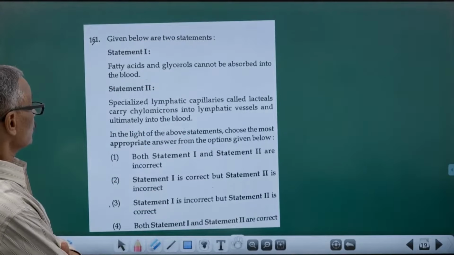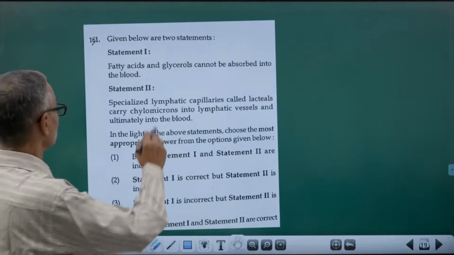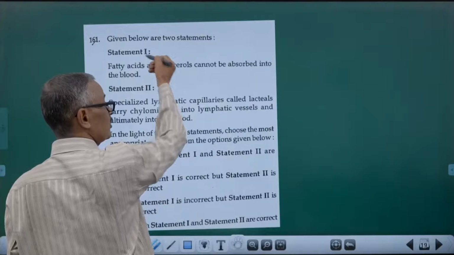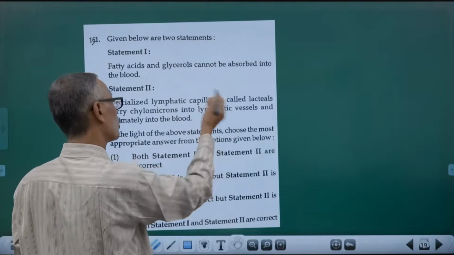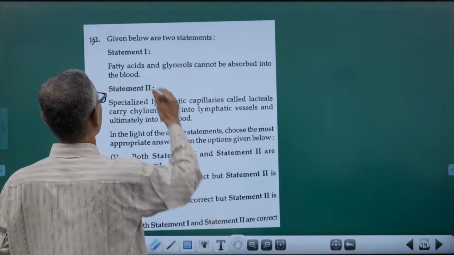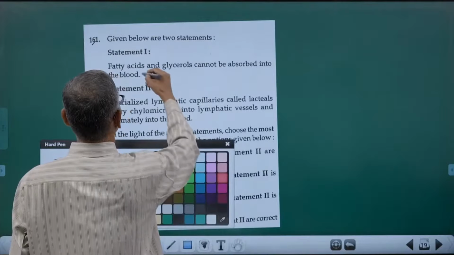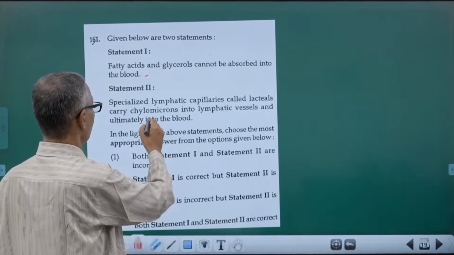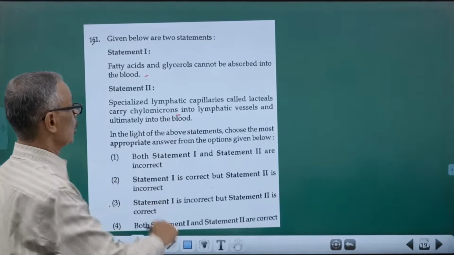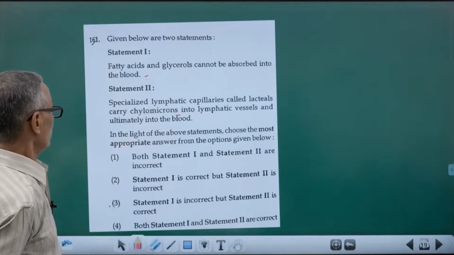Fatty acids and glycerol cannot be absorbed into the blood. Actually, fatty acid is immiscible with the blood, glycerol is miscible with water, so it can be absorbed. But in our book it is given that fatty acid and glycerol cannot be absorbed into the blood directly. Specialized lymphatic capillaries called lacteals carry chylomicrons into the lymphatic vessel and ultimately into the blood.